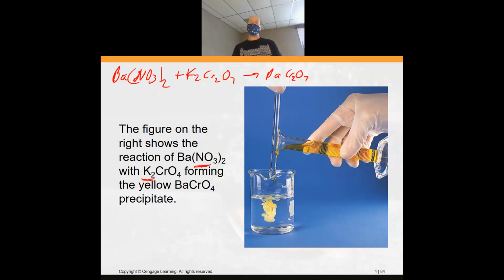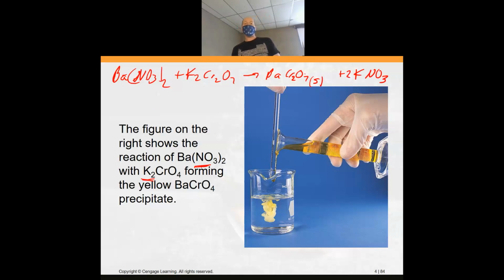So I would have to tell you that the barium chromate is insoluble. When you know that, that means you have a solid. And then you would have potassium nitrate. To balance it, we would need 2 potassium nitrates, and we have a balanced chemical reaction.